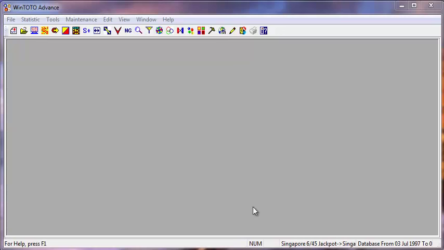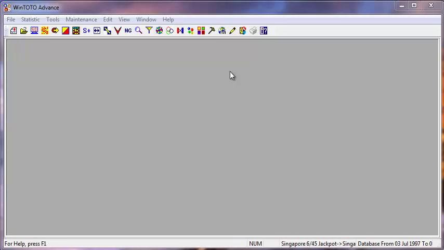In fact, the development of the reverse scan feature was never an easy task, because it took us many months of hard work to compile what is best to be developed. And during the trial run, running the reverse scan takes many hours. We knew that if we developed this into the WinToto Advance software, it was not going to work. Why? Because number one, it was going to take a lot of your time.